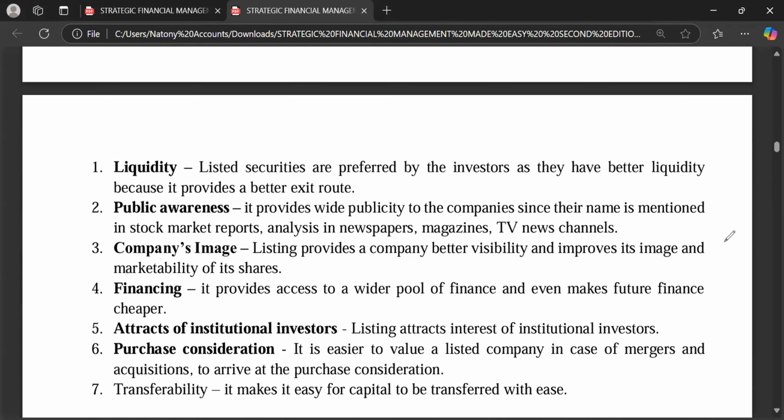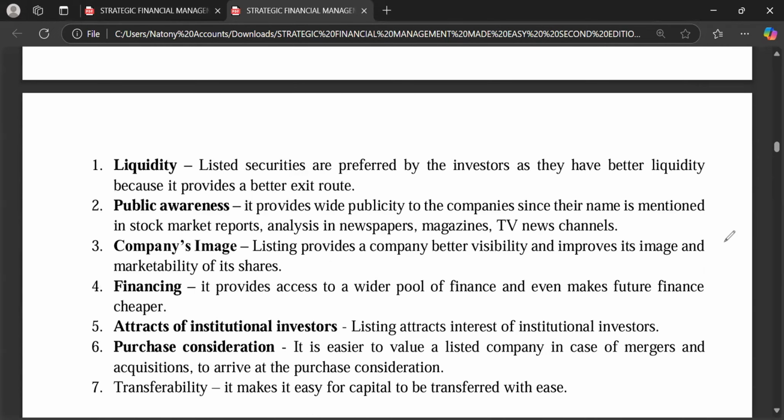What are the advantages of public listing for a company to be listed on the stock exchange? It improves liquidity and public awareness. People get to know the company through maybe TV, magazines, and all of that. The company's image is seen to be better. The company will have a wider pool of finance and will easily attract institutional investors.